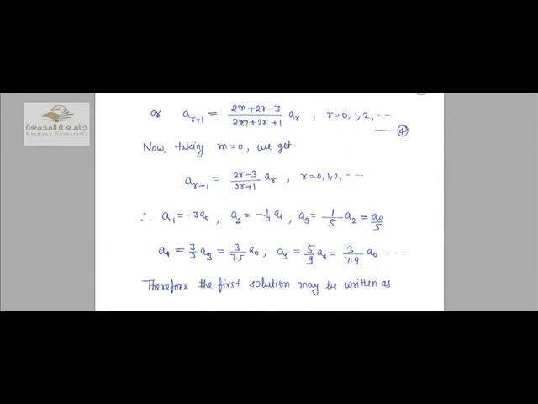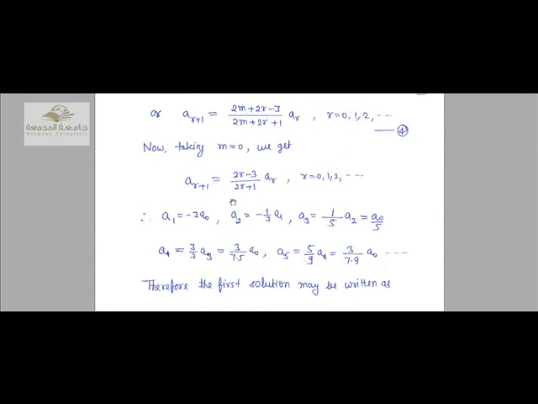Now equating to 0 the coefficient of x to the power m plus r in equation 3, we get the recurrence relation as (m plus r plus 1)(2m plus 2r plus 1) a(r+1) minus (m plus r plus 1)(2m plus 2r minus 3) ar is equal to 0, or a(r+1) is equal to (2m plus 2r minus 3) over (2m plus 2r plus 1) ar, r is equal to 0, 1, 2 and so on. Equation number 4.